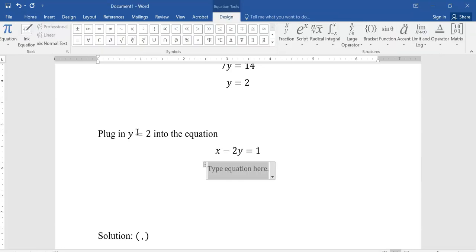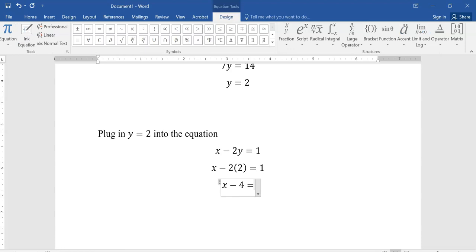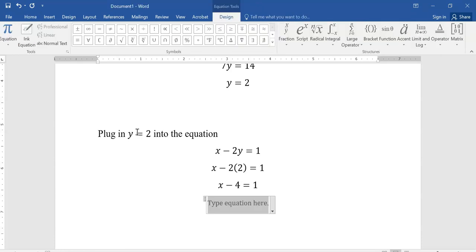So what we're going to get is x minus 2 multiplied times 2 equals 1, which means that x minus 4 is 1. Add 4 to both sides, and you get x equals 5.